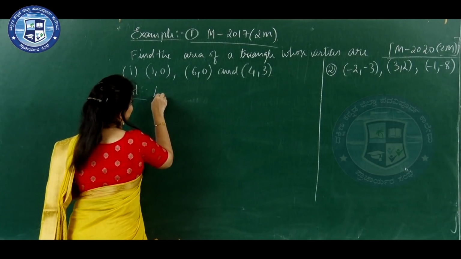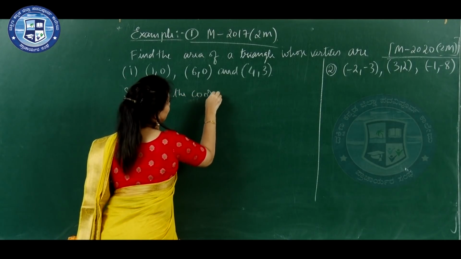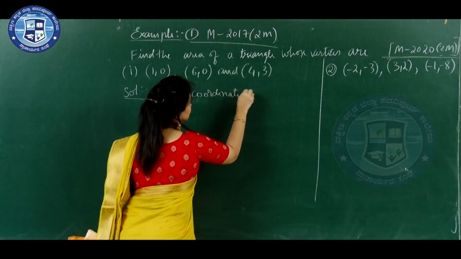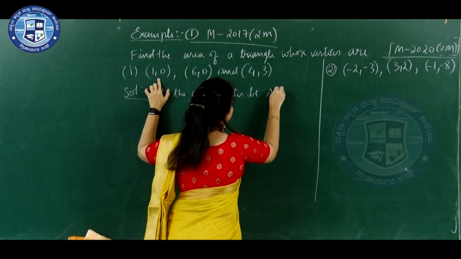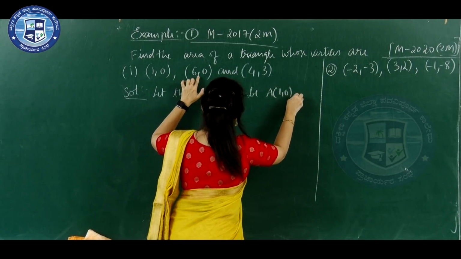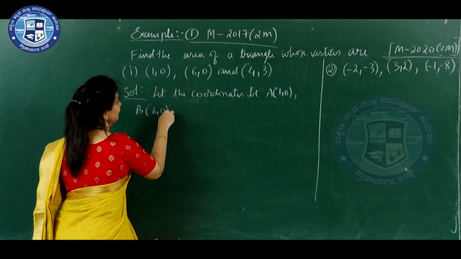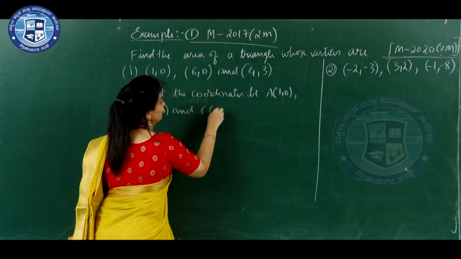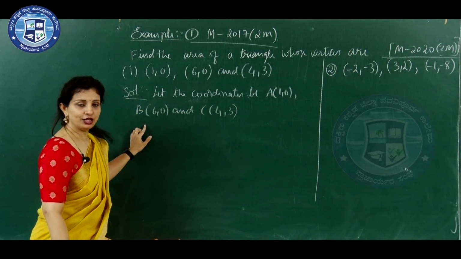Let the coordinates of triangle ABC be A(1, 0), B(6, 0) and C(4, 3). The coordinates of the vertices are known.